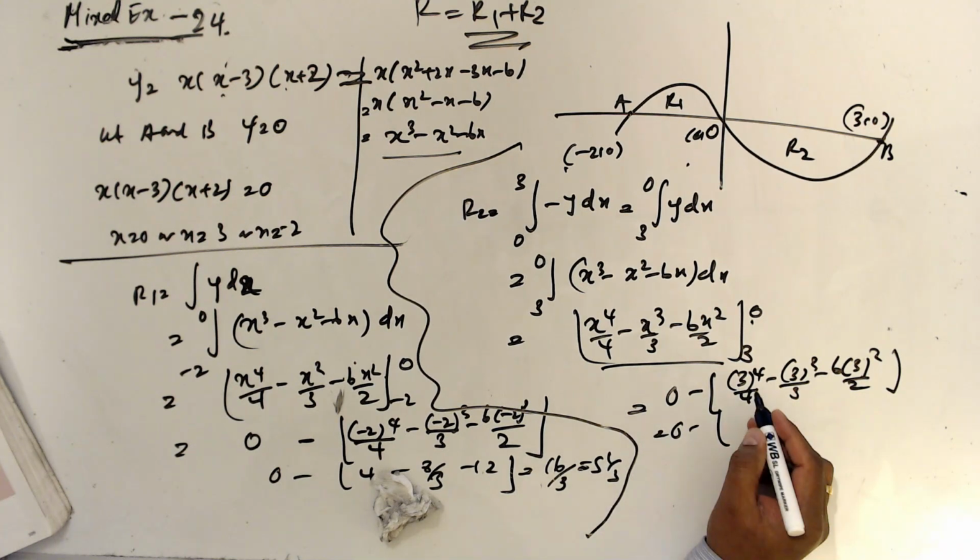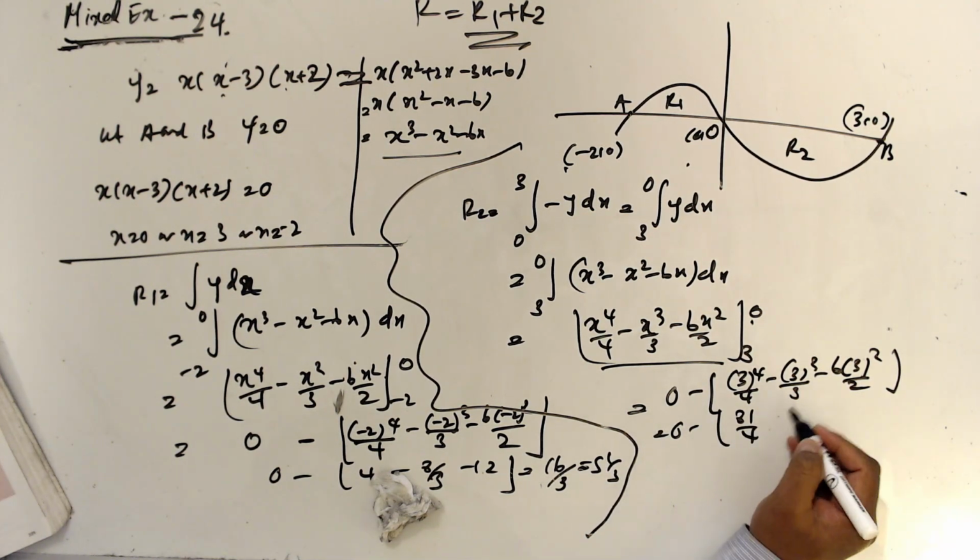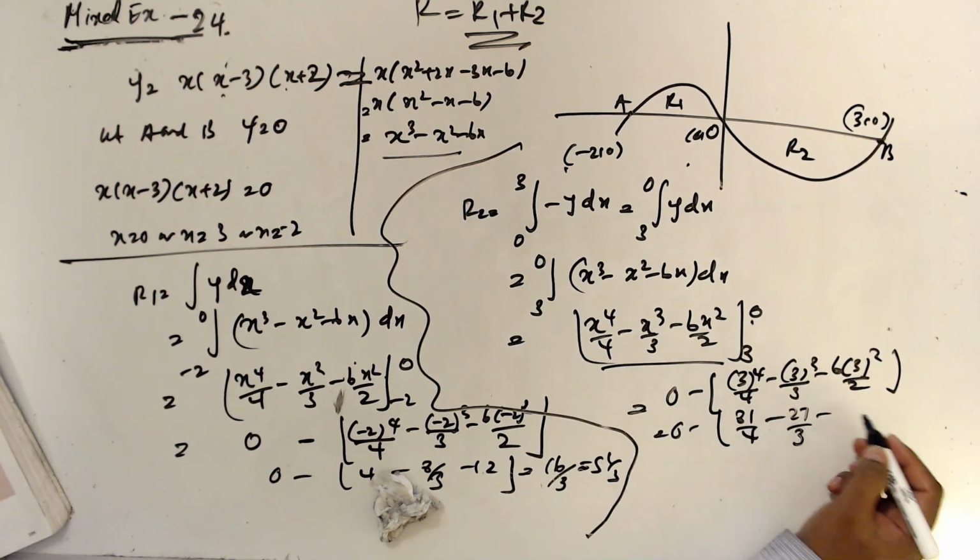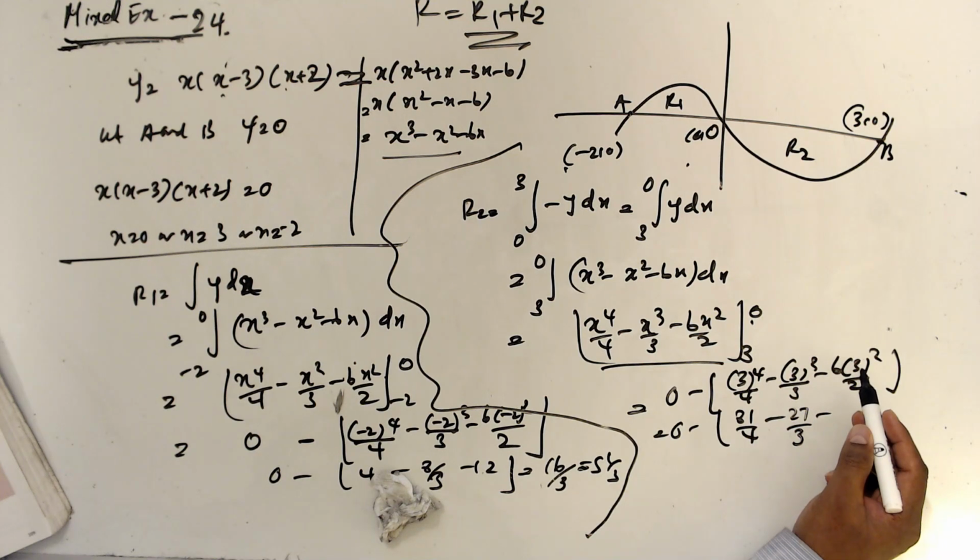0 minus, this is 81 over 4, 27 over 3, and this is 18.